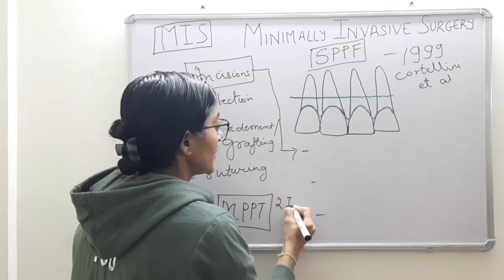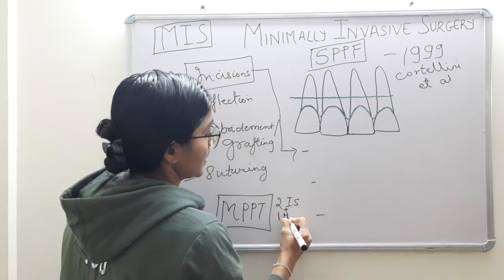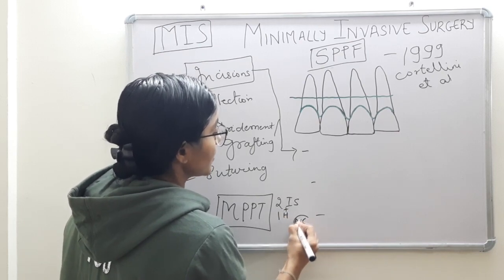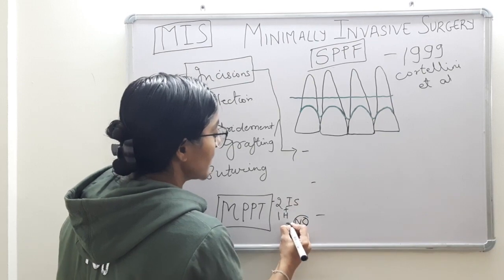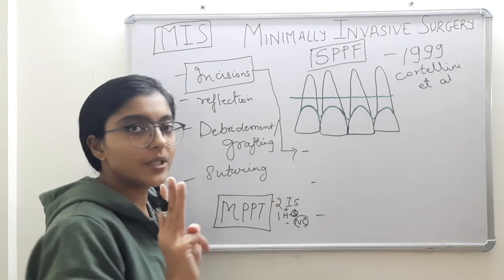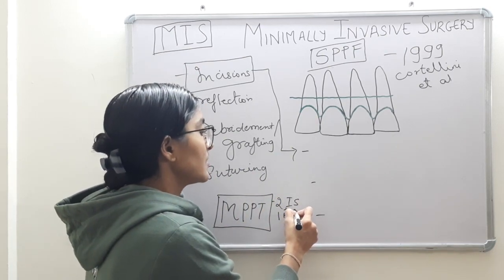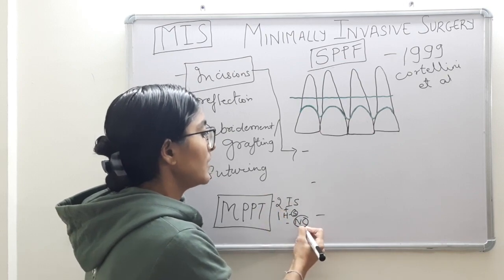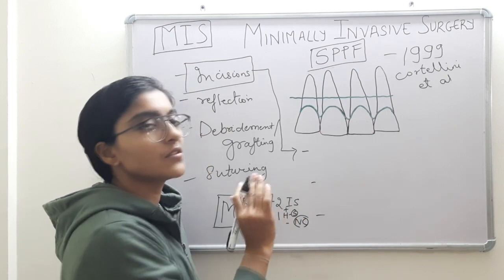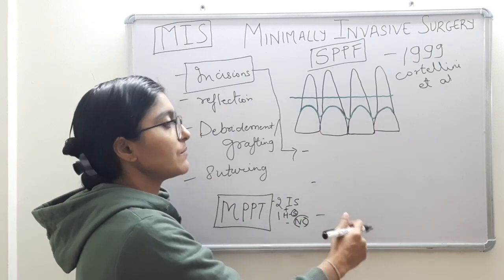Two intrasulcular incisions followed by one horizontal incision, non-continuous, okay. First point, second point, and this horizontal incision is a straight incision. So 3 points: the sequence of the incisions, the pattern of horizontal incisions, and the continuity. Here it is non-continuous. These are the 3 points which differ in SPPF.